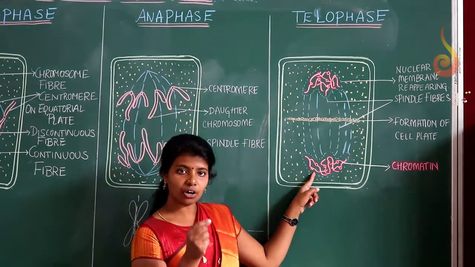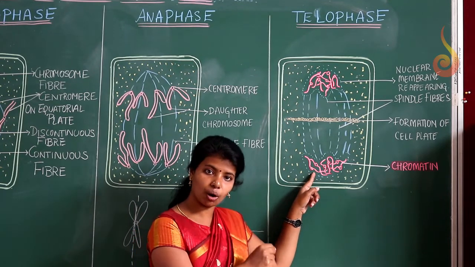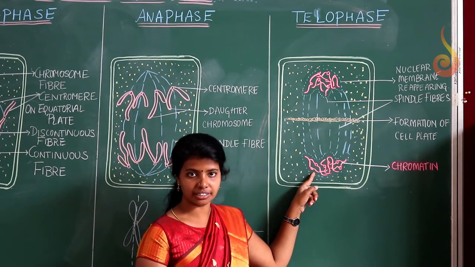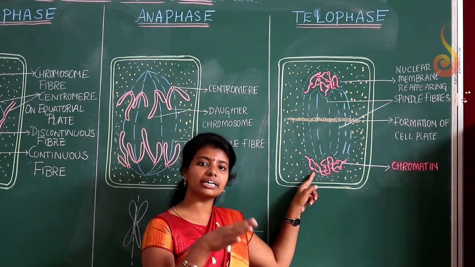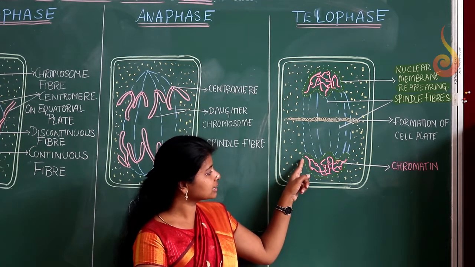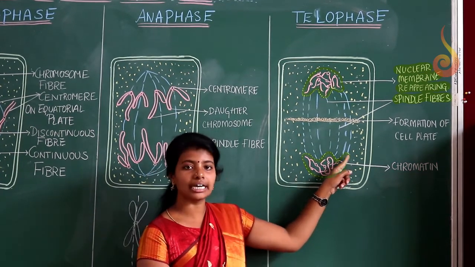Now here the daughter chromatids which are at the opposite poles will undergo decondensation and now they are organized into chromatin. And you will notice the reappearing nuclear membrane.